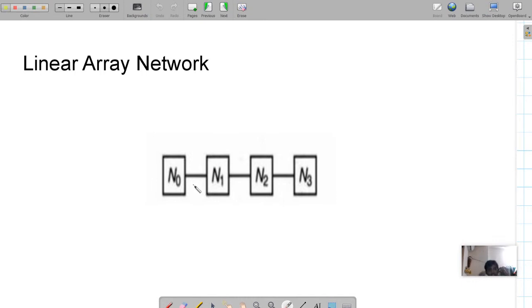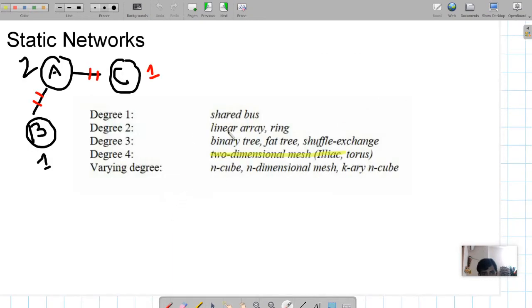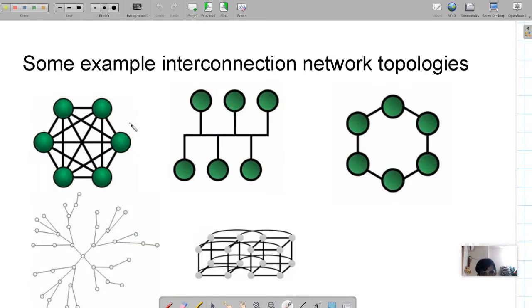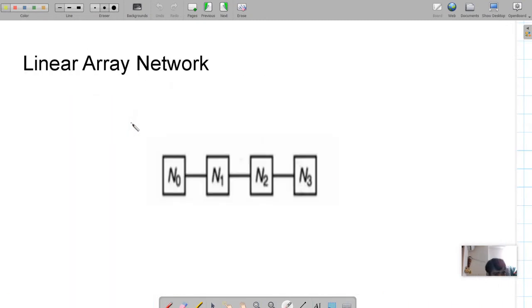So, universally, you cannot say that always linear array network will have 2 as its degree. Some of the salient features might be that all the nodes basically share a common communication link because of its linear nature.